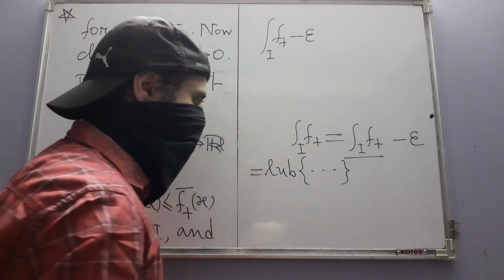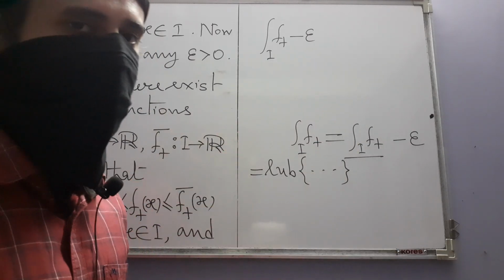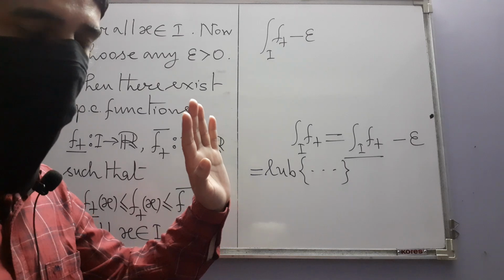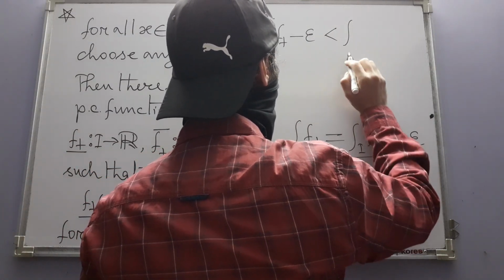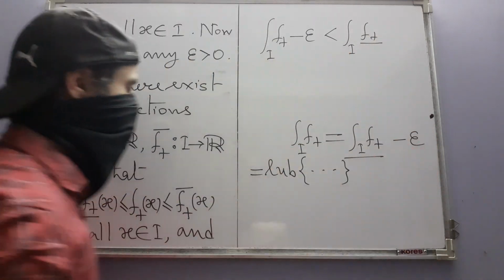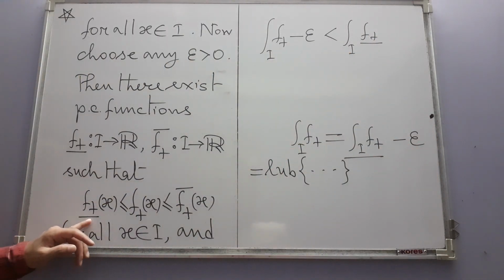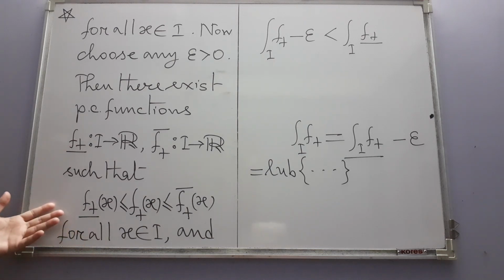So there will be at least one such element which will exceed this, simply because it's not an upper bound. The corresponding function is this minorizing function. At least one such minorizing function can be obtained for which that happens. So that is why we chose this minorizing function.